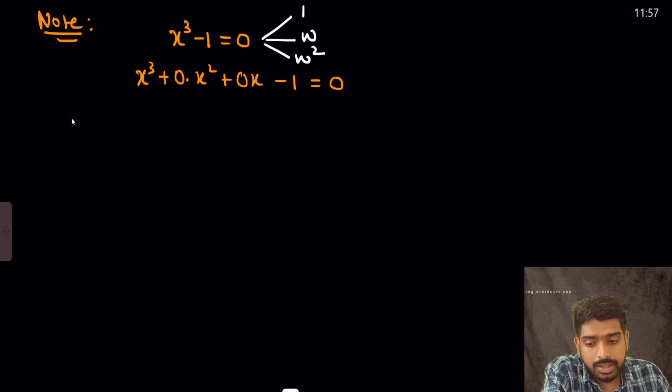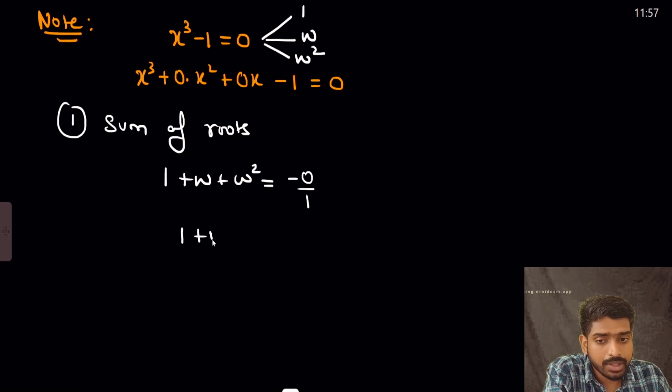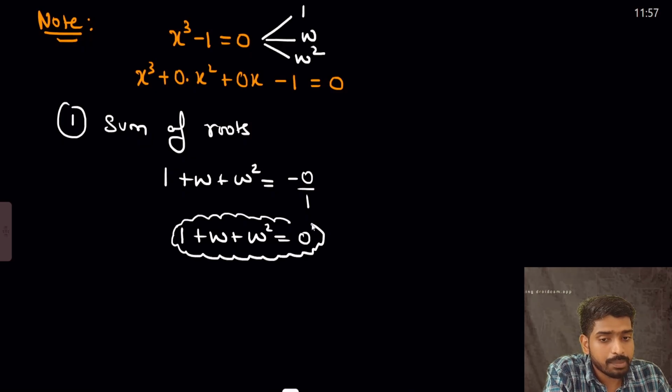Now we'll find the sum of the roots, that means 1 plus omega plus omega square. What is the sum of the roots? Sum of the roots is minus b by a. What is b here? b here is 0. So minus 0 by 1, here we got 1 plus omega plus omega square is 0.